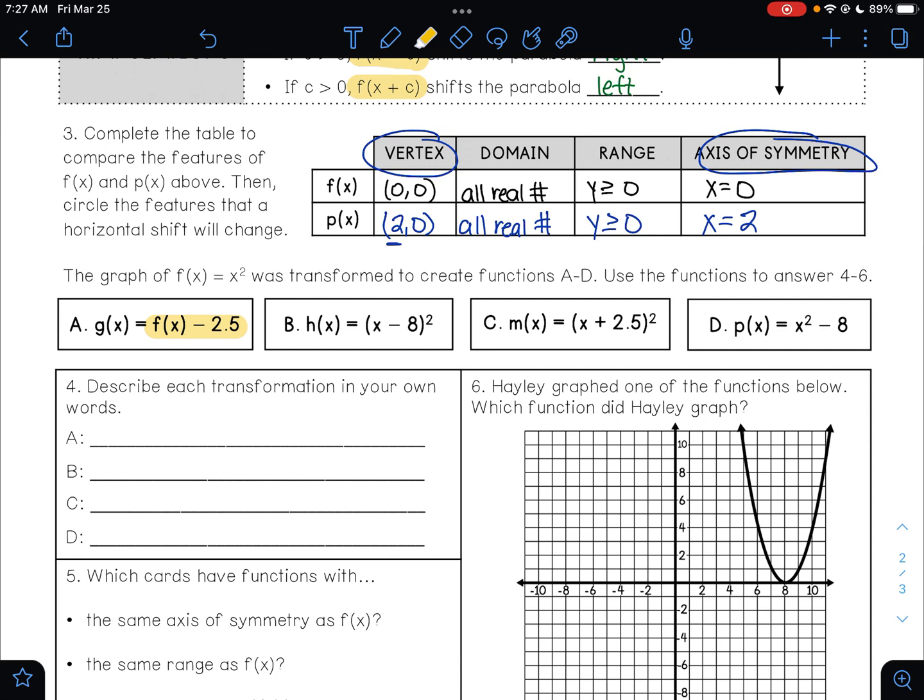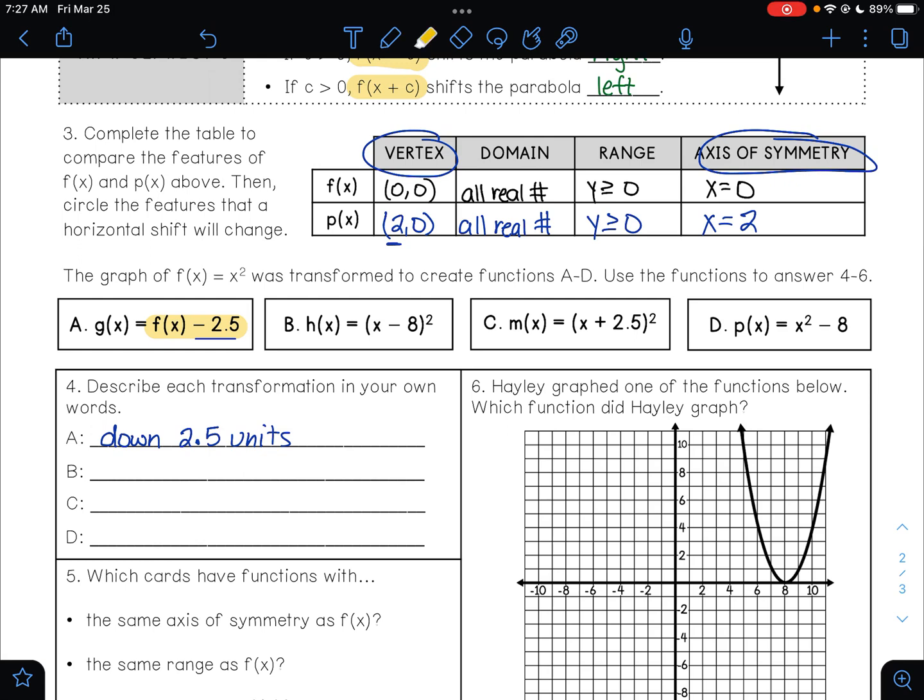So remember, when it's not inside, that means it's moving up or down. Since it is a minus 2.5, that means we are moving it down 2.5 units.